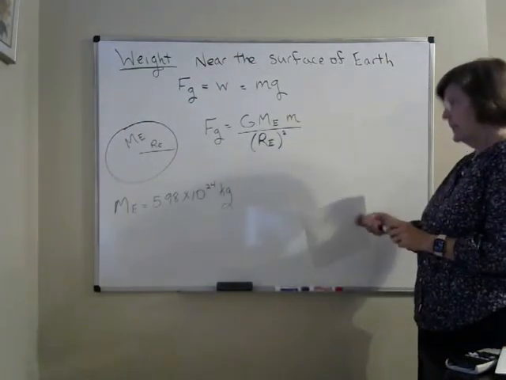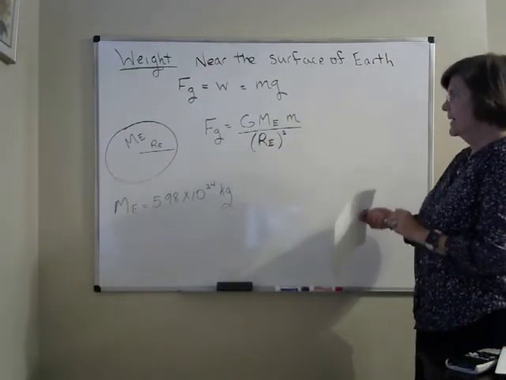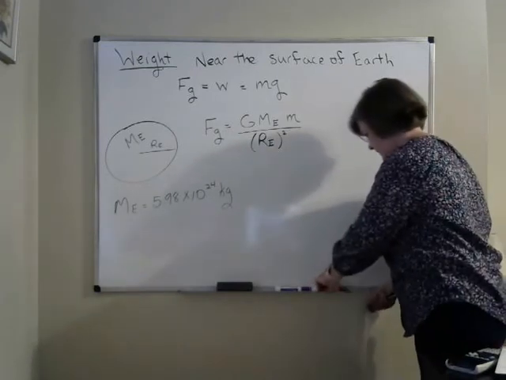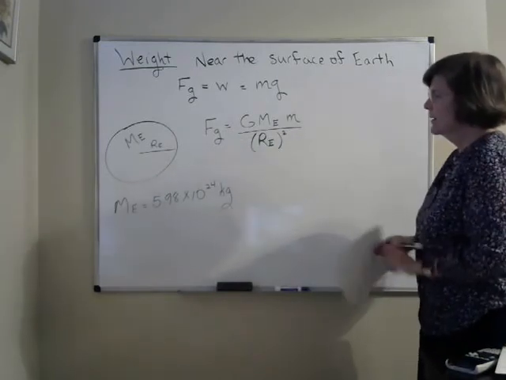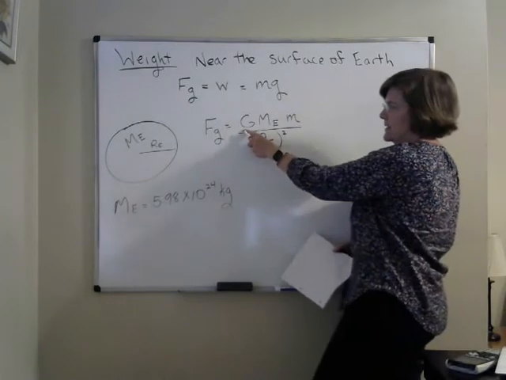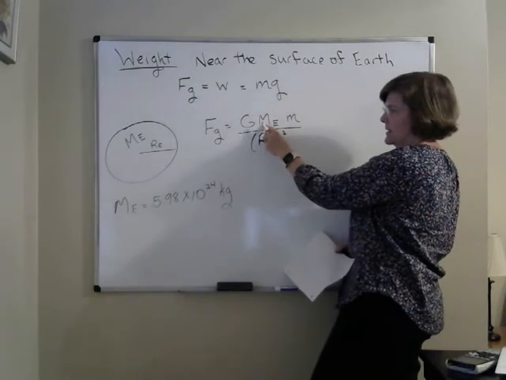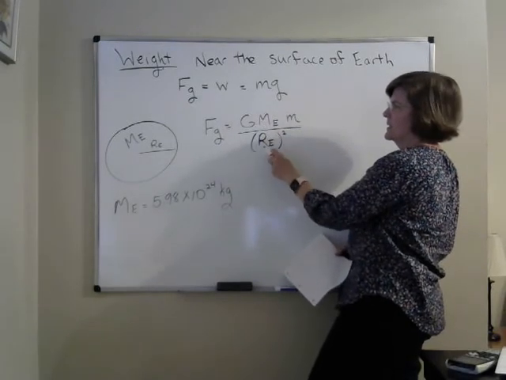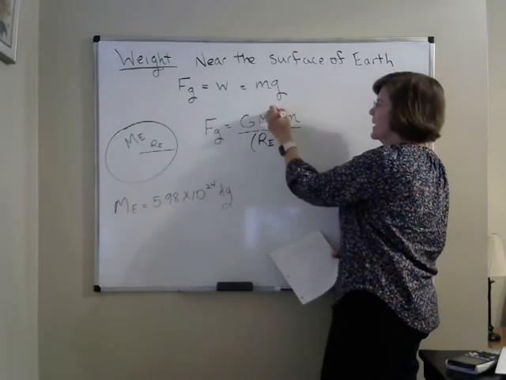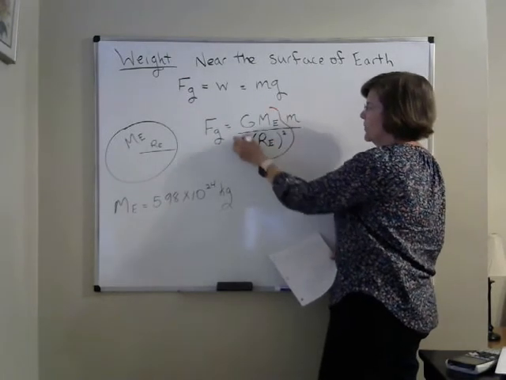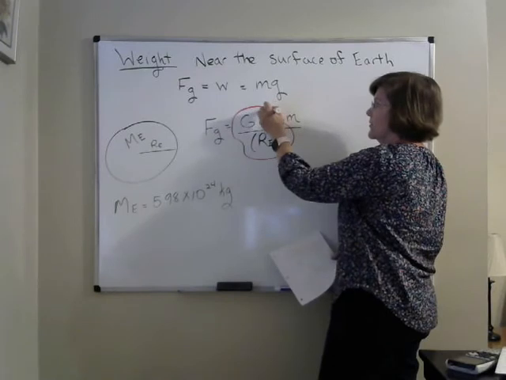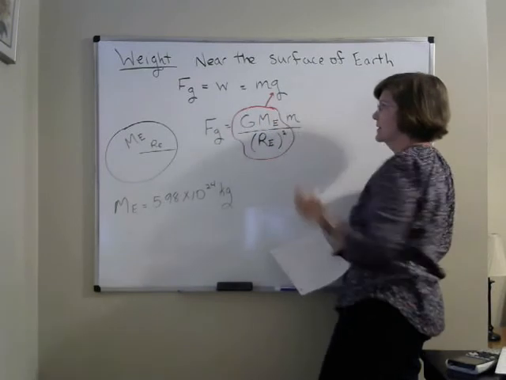Well, if we think for a minute, this is a constant, and this is a constant, and this is a constant. I can just calculate what all of that equals. And believe it or not, it's going to equal that.